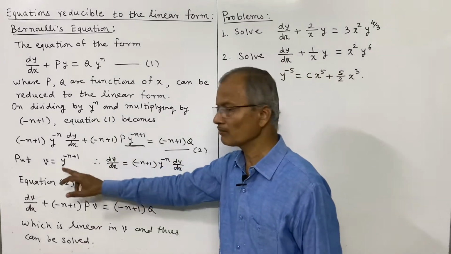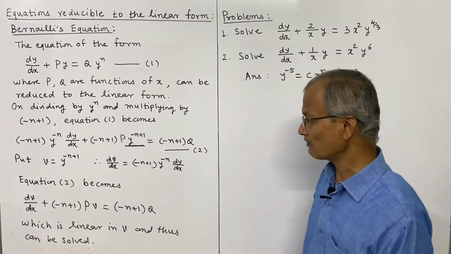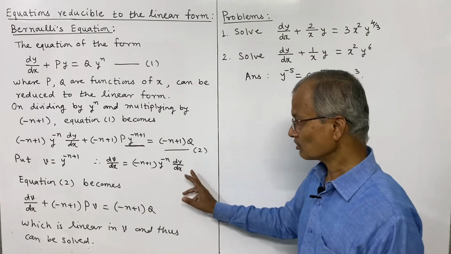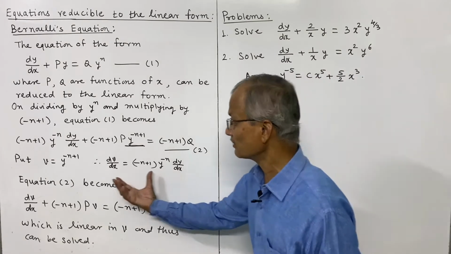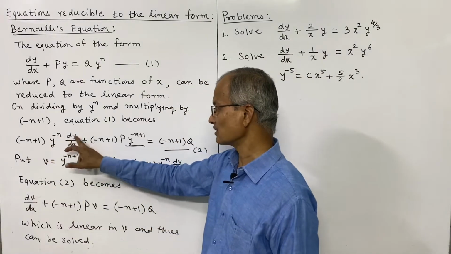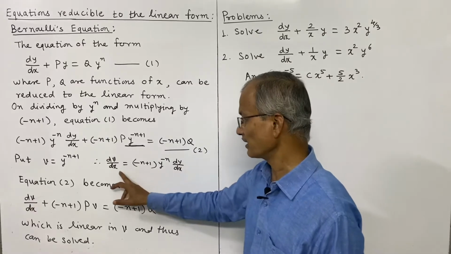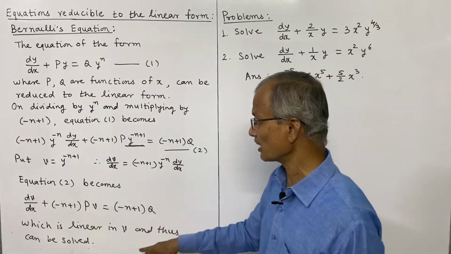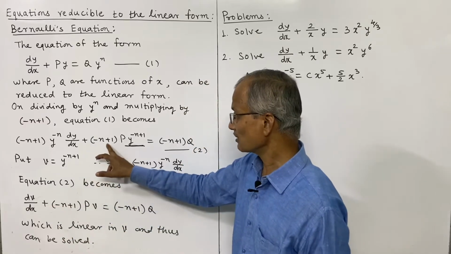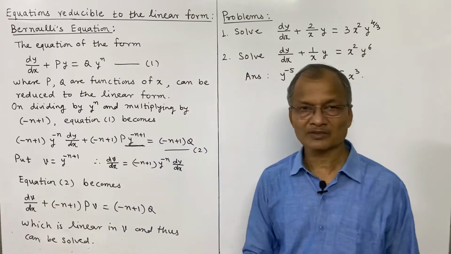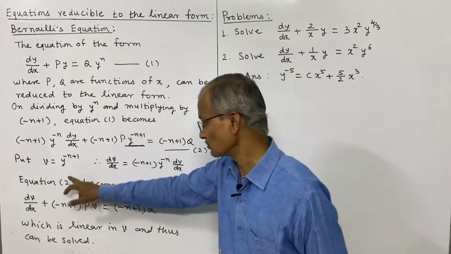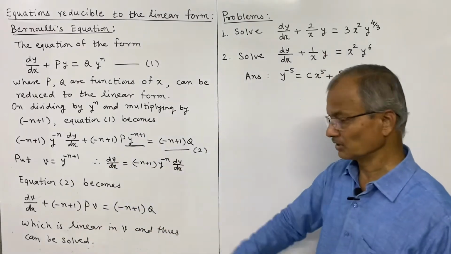This much is the derivative of the term with respect to y, and that is to be multiplied by dy/dx. So this is exactly the first term: (-n + 1) y^(-n) dy/dx is dv/dx. And the second equation now becomes dv/dx plus this constant (-n + 1) P as it is, and this term is v, and the right side has no change.